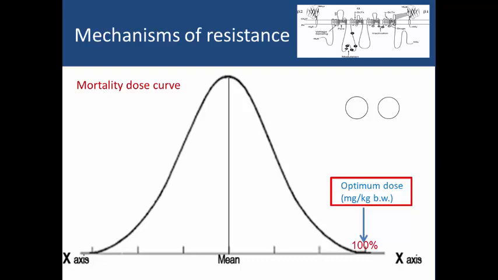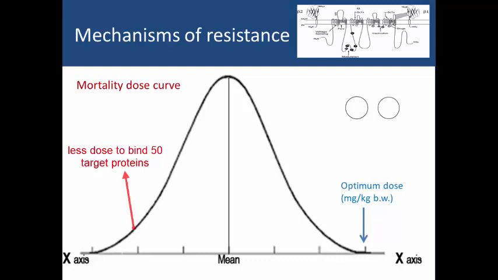And the reason why some of them are more susceptible than others, to make this easier to comprehend, is because there will be individuals that have 100% of those target proteins with both alleles susceptible.